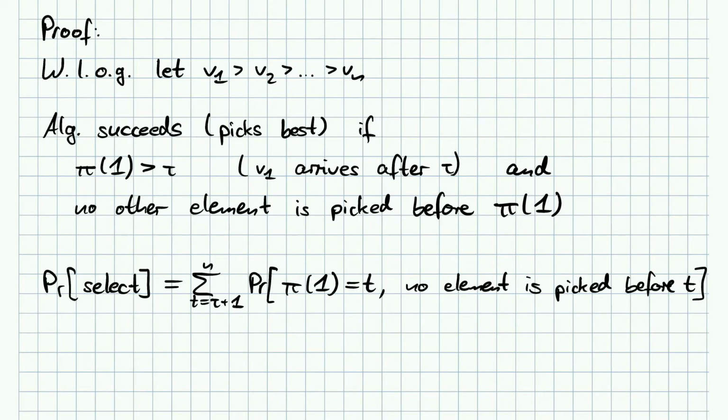So all we want to do is understand these probabilities, because those we have to add up eventually. Why, by the way? So here this should be, we select the best, of course. Why do we have an equality here? Because those are disjoint events, of course. Here we are distinguishing between where the best candidate arrives, and it arrives either in step tau plus 1, tau plus 2, or tau plus 3, and so on.